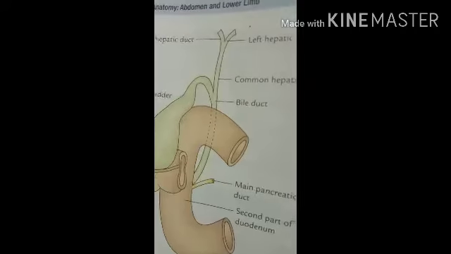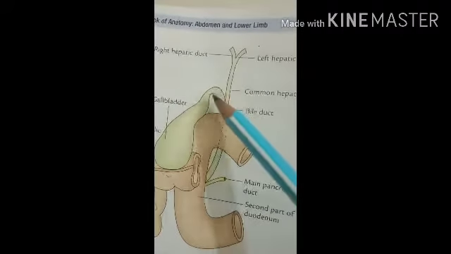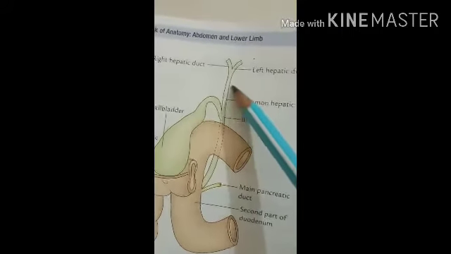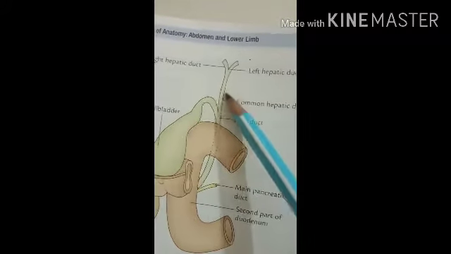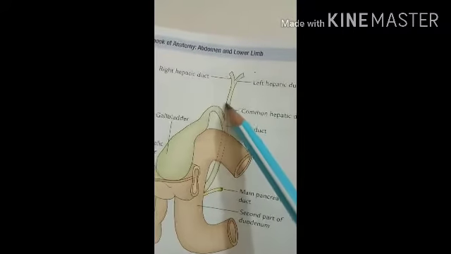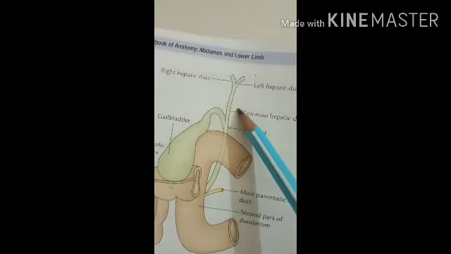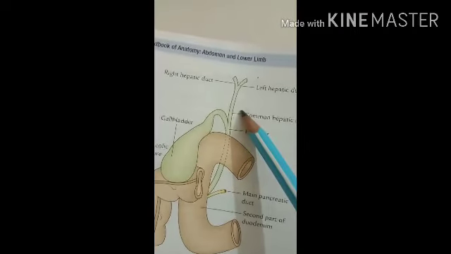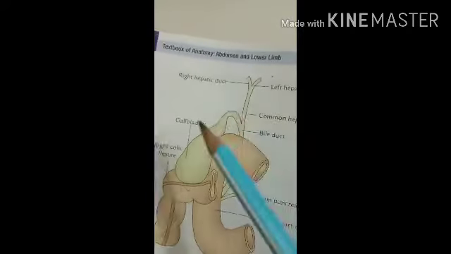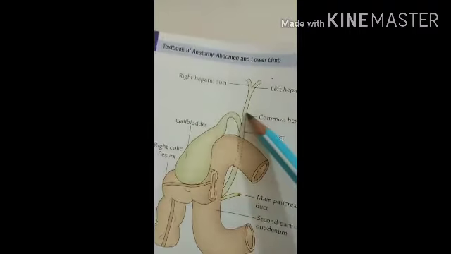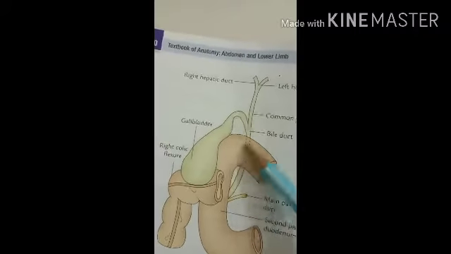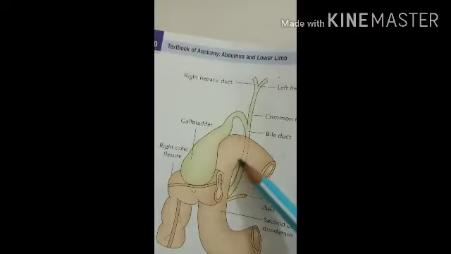After that we have to see the cystic duct. The cystic duct is 3 to 4 centimeters long and begins from the neck of the gallbladder, runs downwards and backwards to the left, joining the common hepatic duct. Here you can see it joins with the common hepatic duct to form the bile duct.